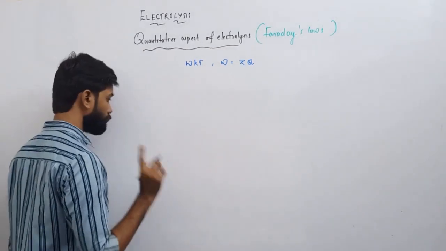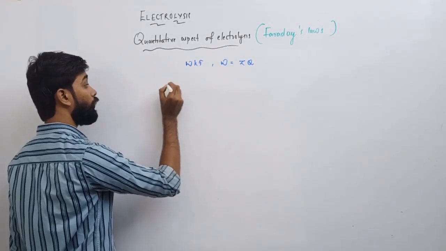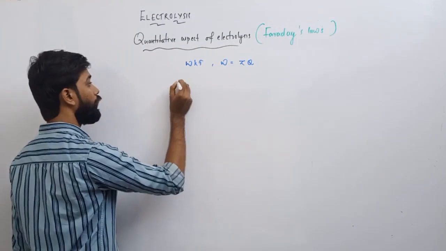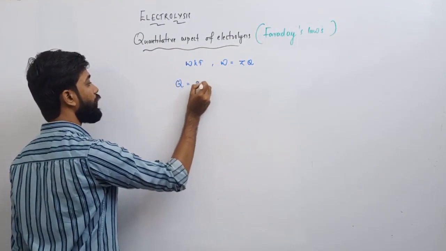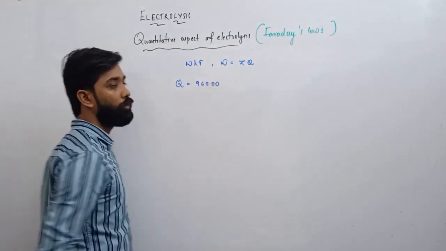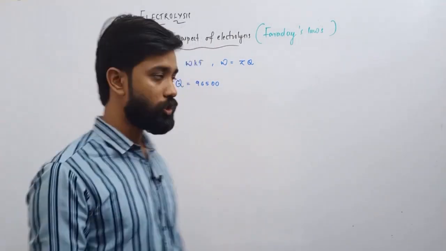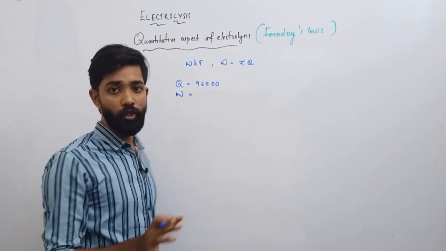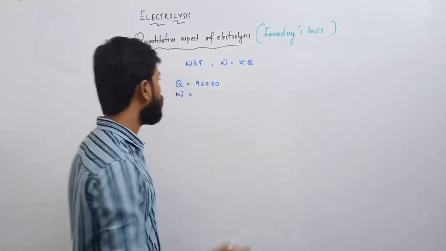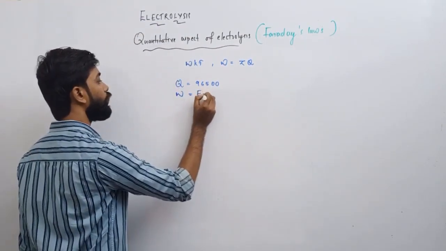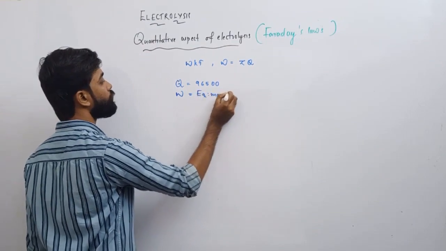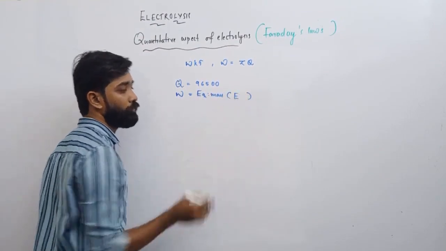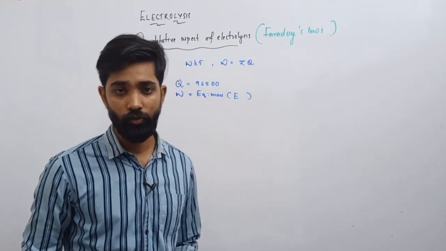And we know one more thing: if the supplied charge is 96500, then the weight deposited will be the equivalent mass. That is the idea we just discussed in the previous section.